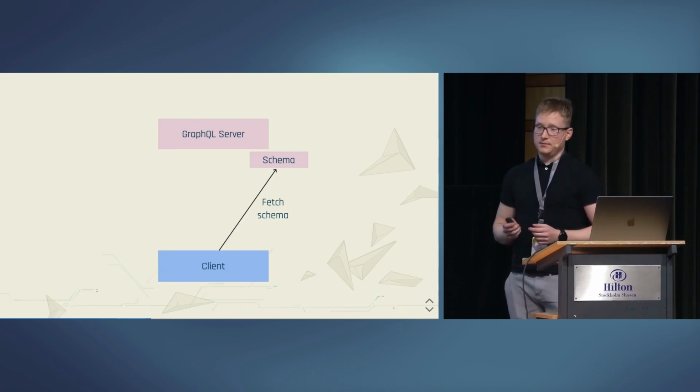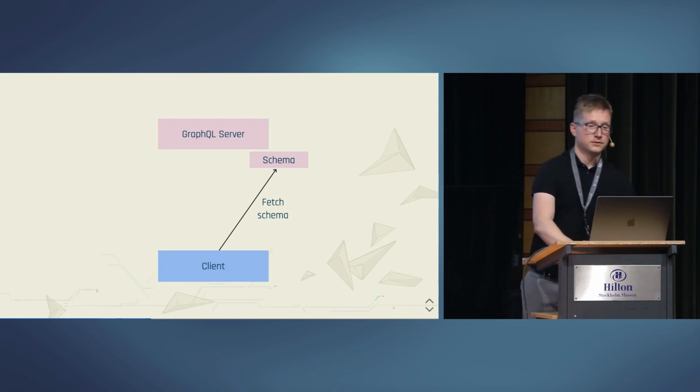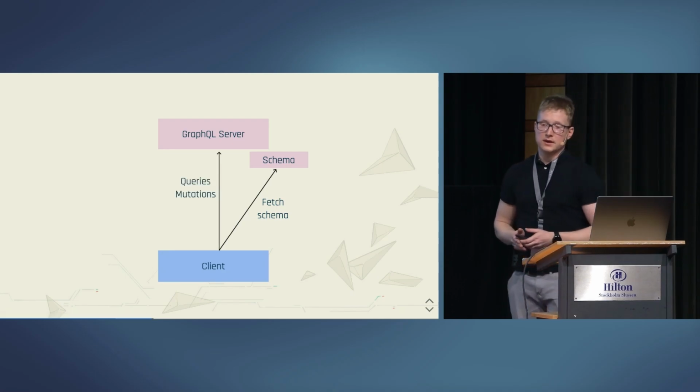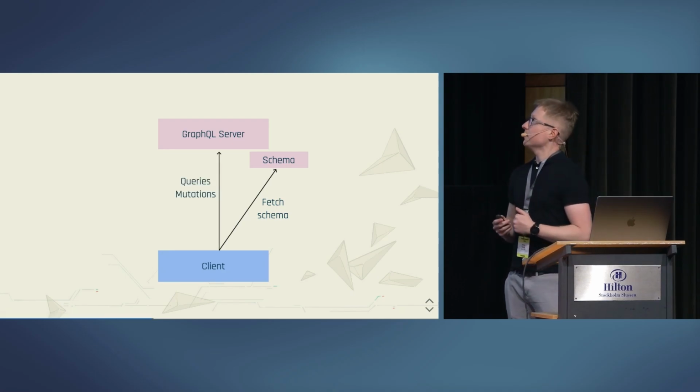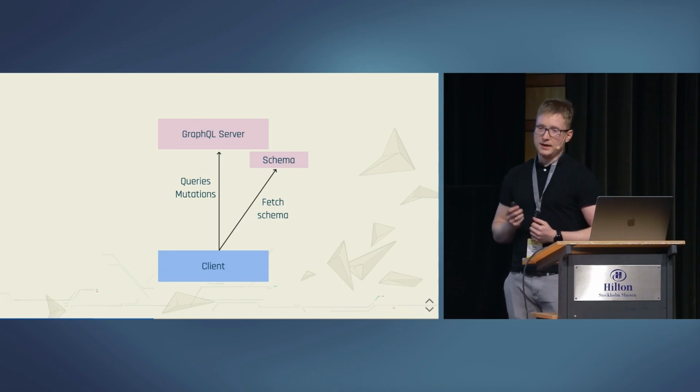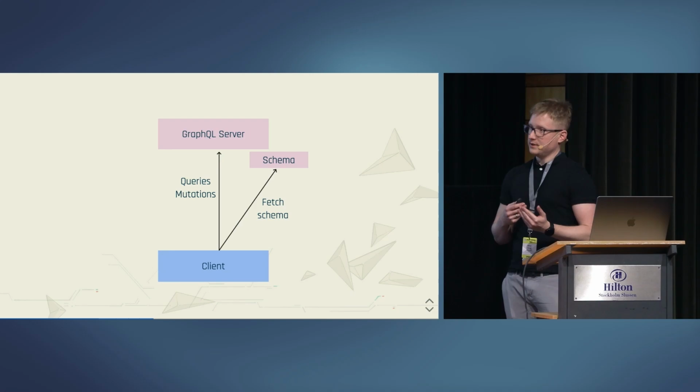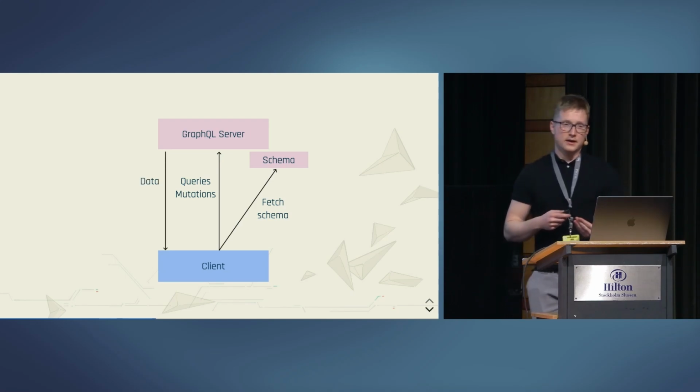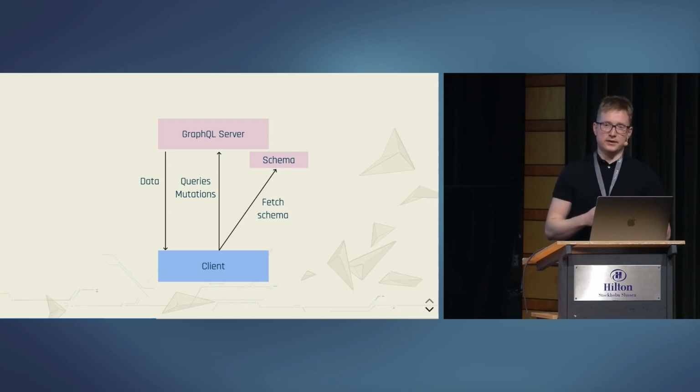Once the data that the client would like to send matches the schema, it will execute the queries and mutations against the server. And what's cool, the GraphQL server calculates the response and responds to the client with the data that was requested.